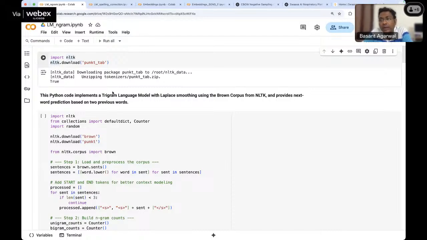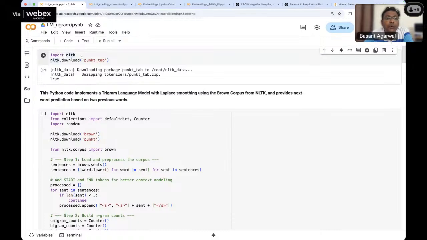Based on that we'll try to see what the next word is which we can predict, and the model will be based on the Brown corpus, which we'll use as a training corpus. From this Brown corpus we'll try to estimate the probability of the next word given the previous two words. So that is the experiment that we are going to do.